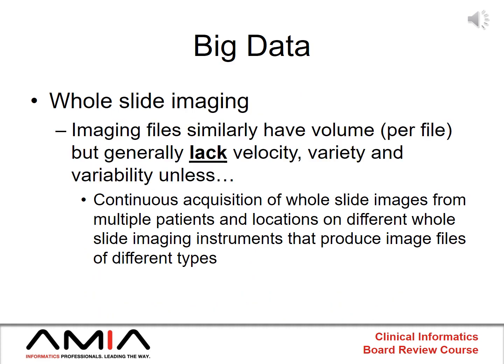Another area in laboratory medicine that is frequently associated, often erroneously, with big data is whole slide imaging. Again, whole slide image files have large volume per file. As we discussed earlier, this can be on the gigabyte range.